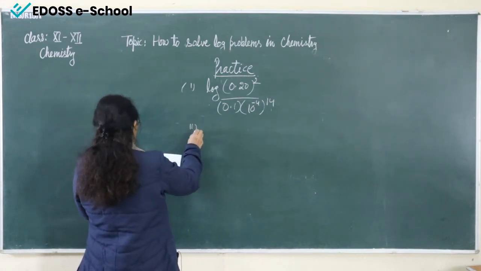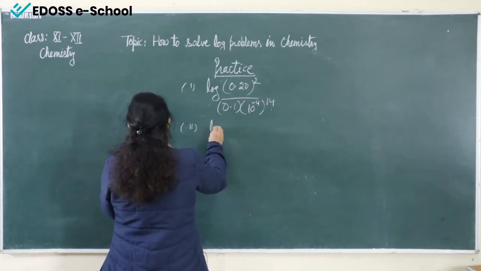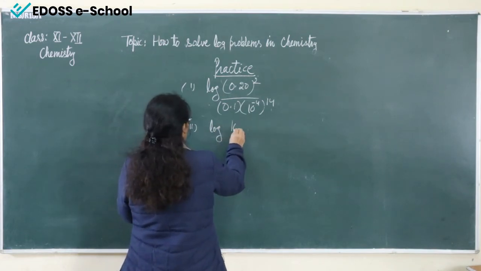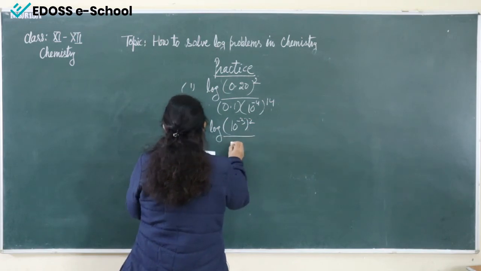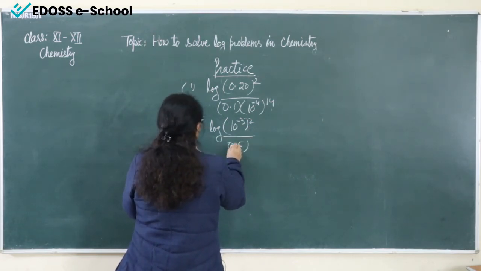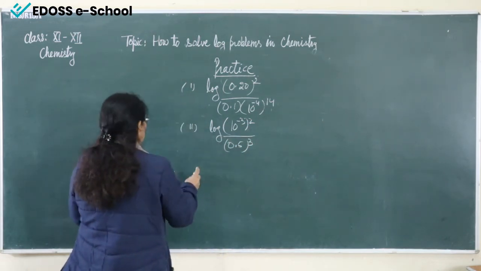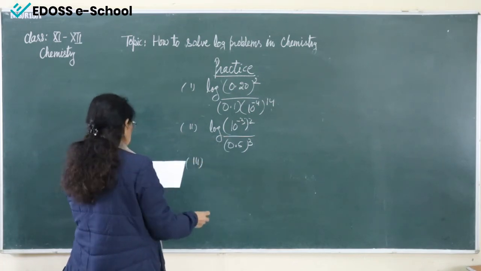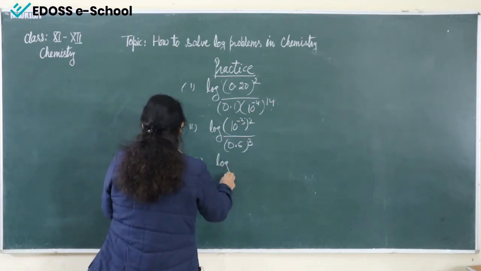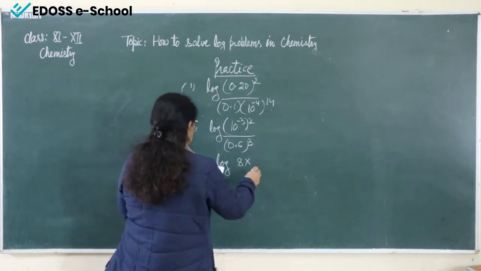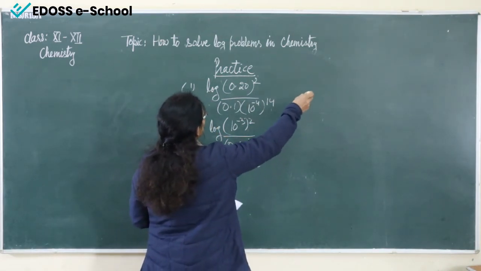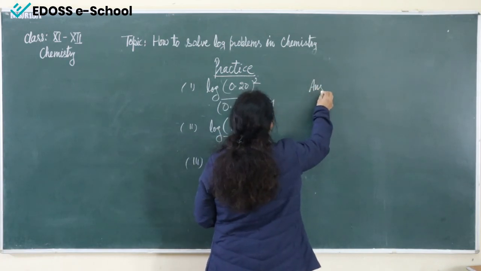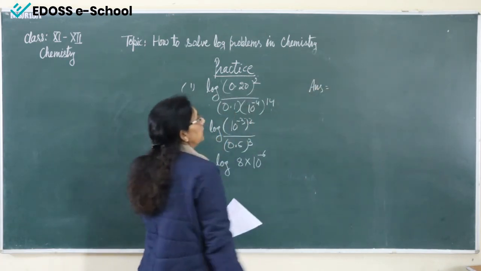And the next question is log 10 raised to power minus 3 whole square upon 0.5 whole cube, and this is log 8 multiplied by 10 raised to power minus 6. Okay. So I will give you the answers here so that you can check your answers.